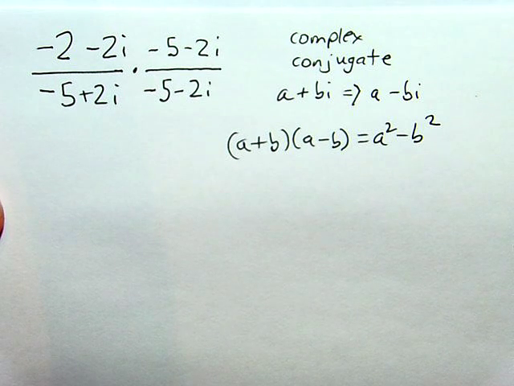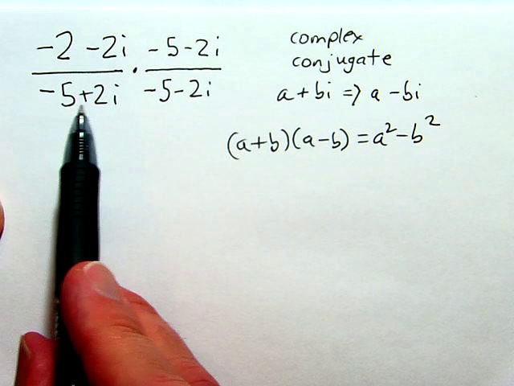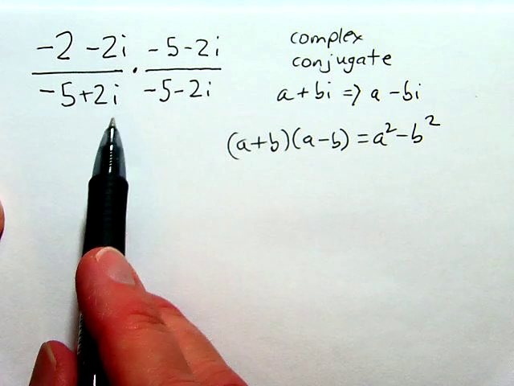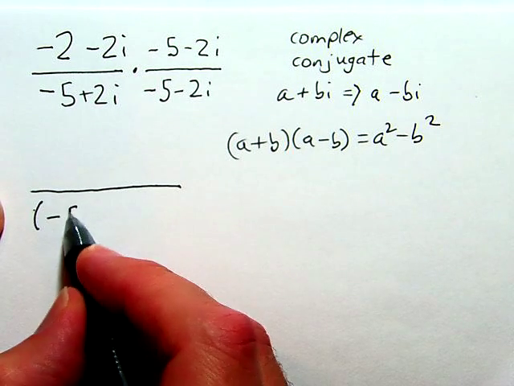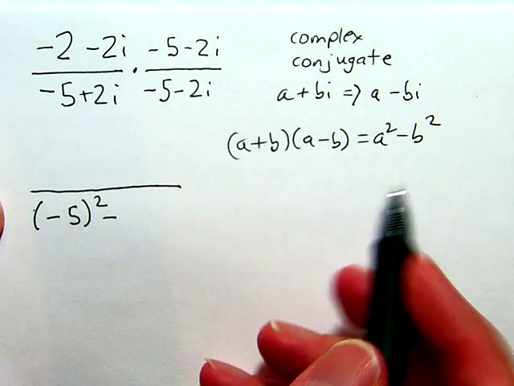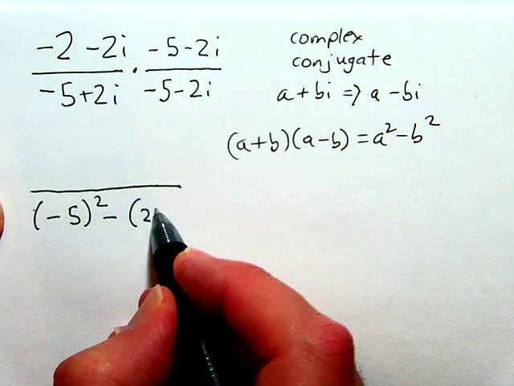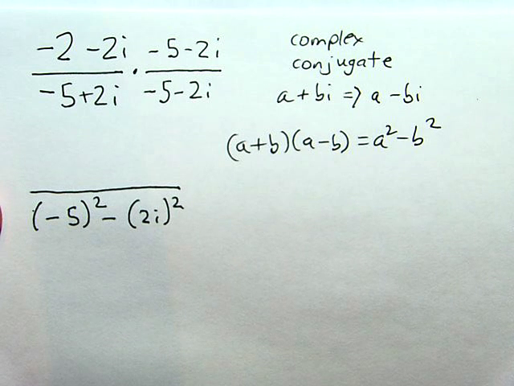So in other words, this multiplication is of the form a plus b here and a minus b here. So we can calculate what the denominator will come out to be, because it will be negative 5 squared, a squared, minus b squared, which is 2i squared in this case. That's a shortcut to getting to the denominator. Unfortunately, the numerator does not give us a way to use the shortcut.